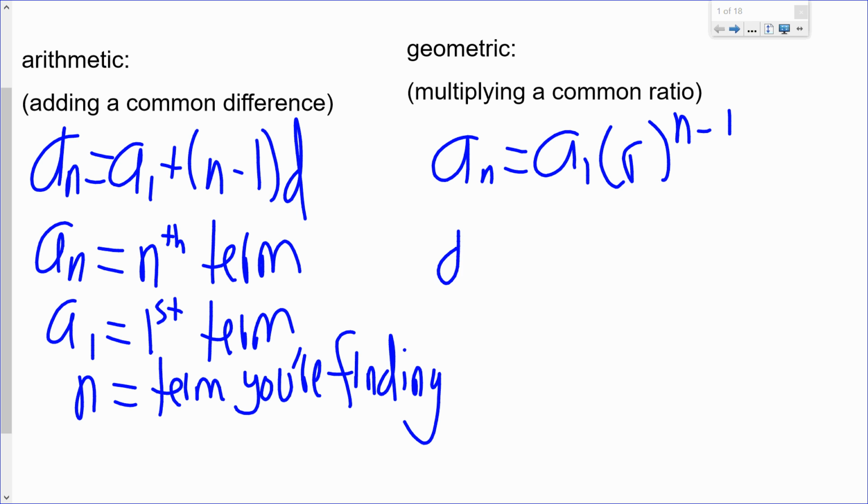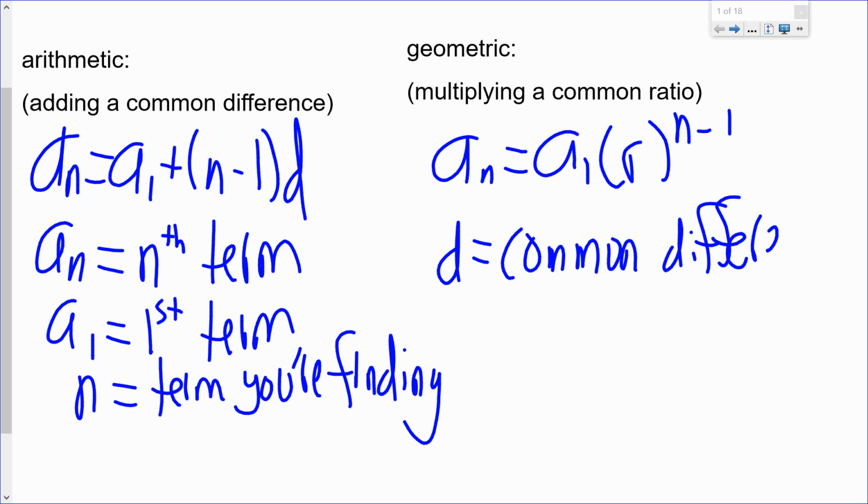Now d is the common difference. It's what you're adding to get from one term to the next. Sometimes it's common sense, but if it's not, to find the common difference, it's the second term minus the first term.